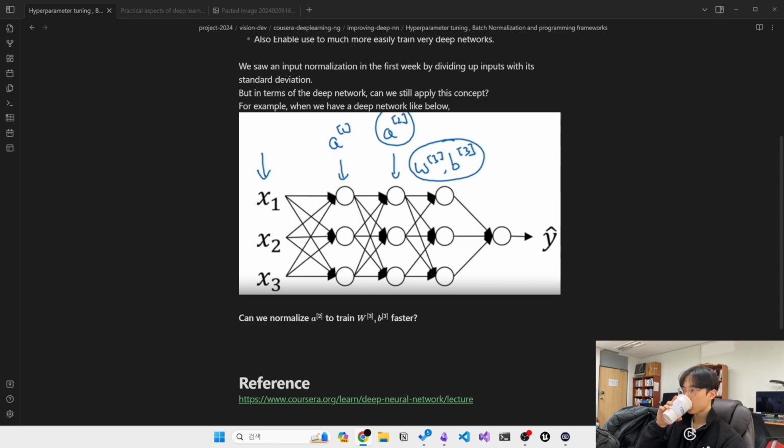So this is what batch norm, batch normalization, or batch norm for short, does. Although technically we'll actually normalize the values of not A2, but Z2.